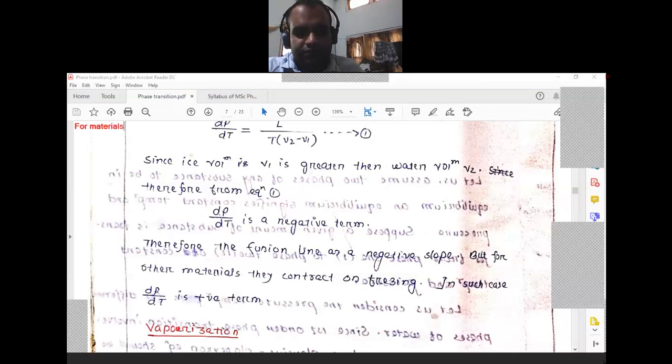Let me annotate it. For materials other than water, liquid has greater volume than solid.